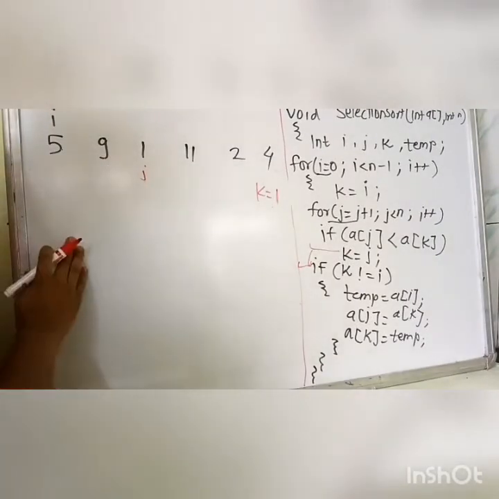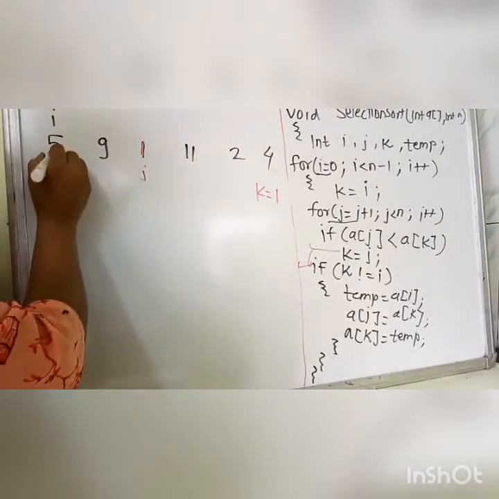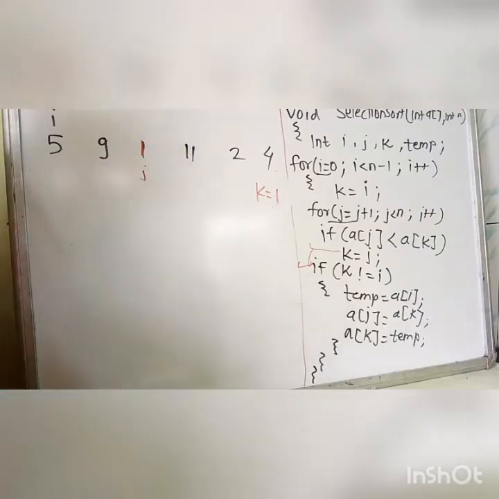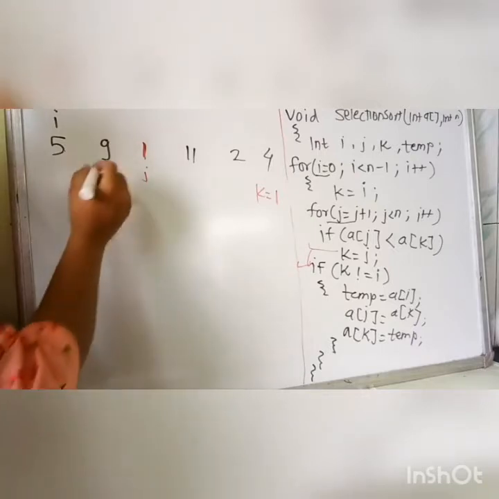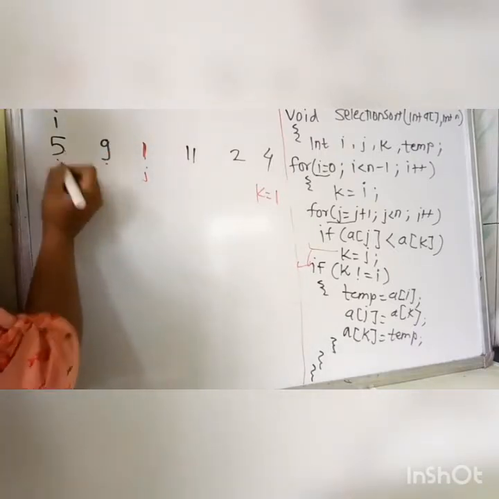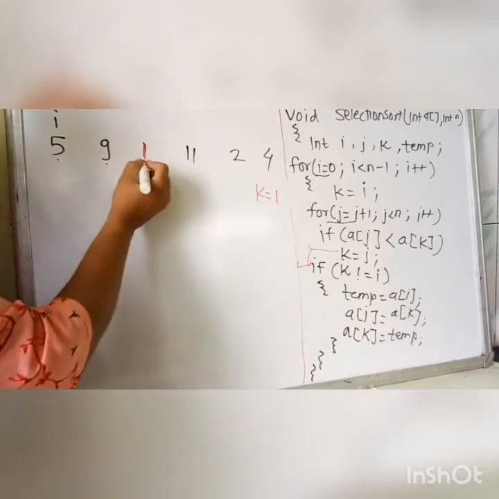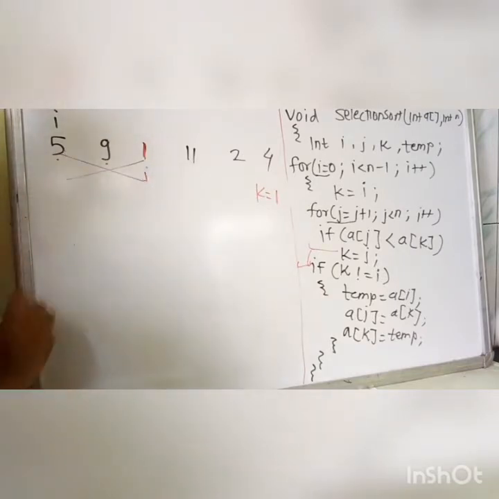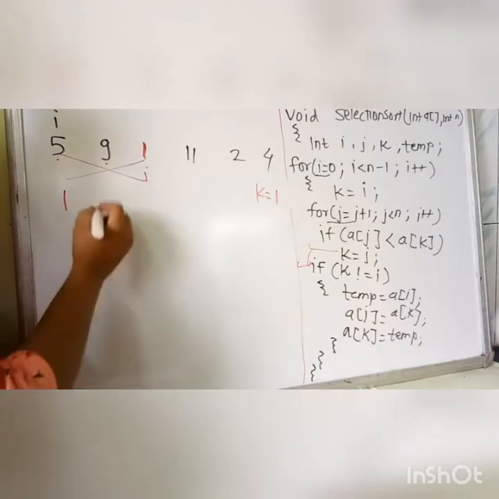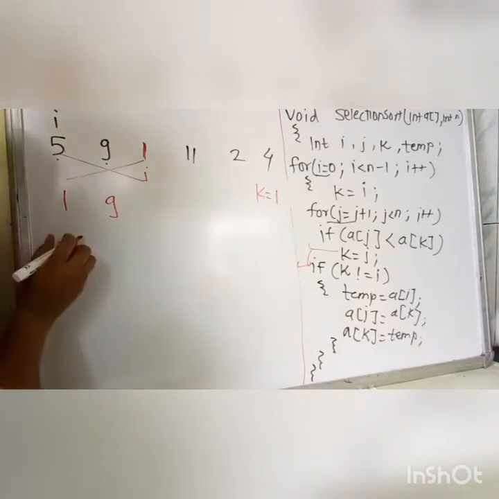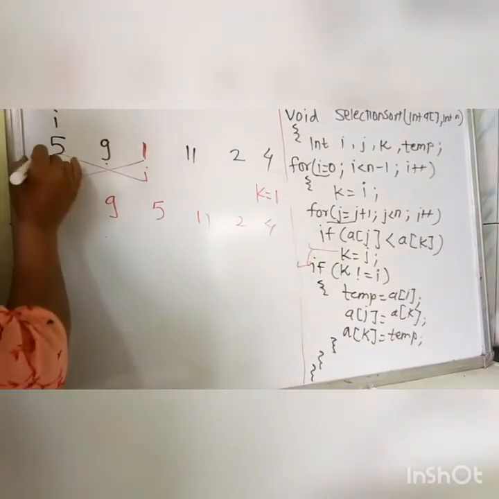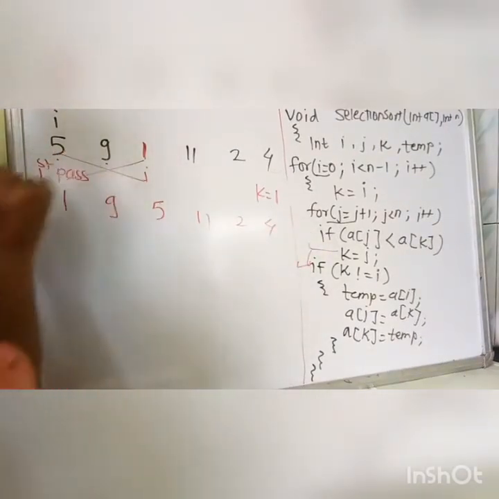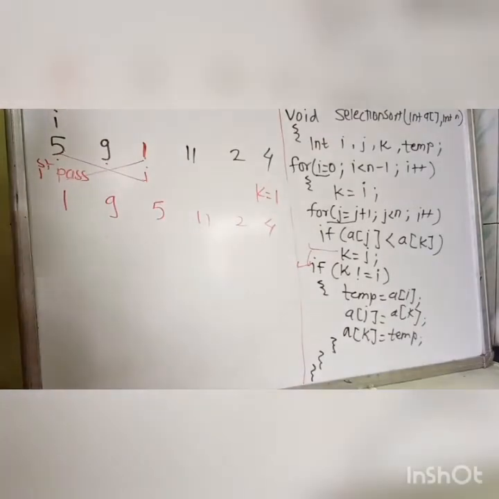In this case, as i is here and j is here, we see that the element is less than 9, less than 5, so we swap it to this position. Means we swap 1 with 5, take 9 here and 5 here, with 11, 2, 4 remaining. This is the first pass of the sort.